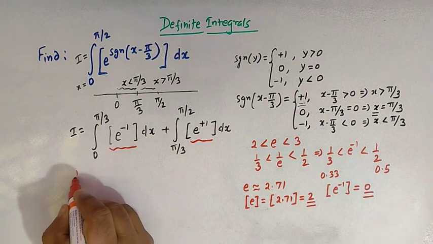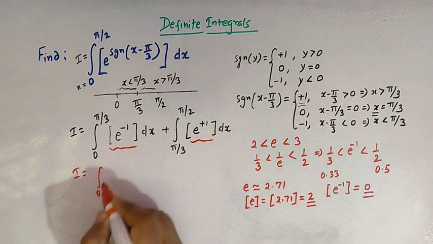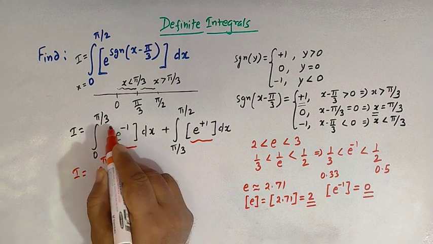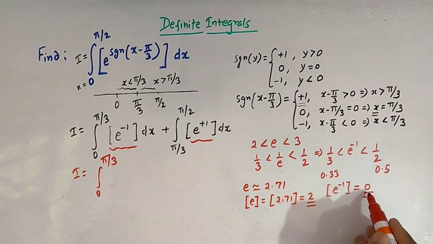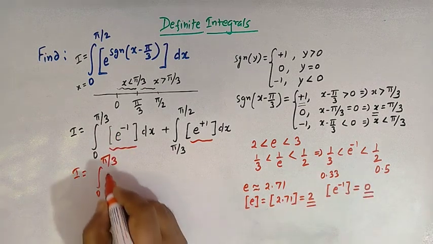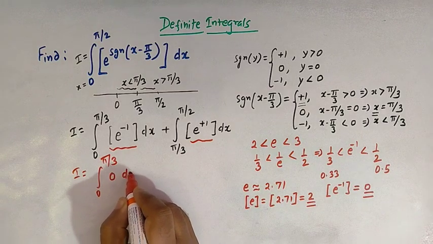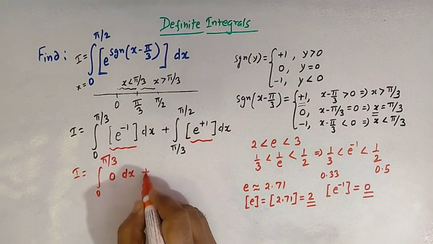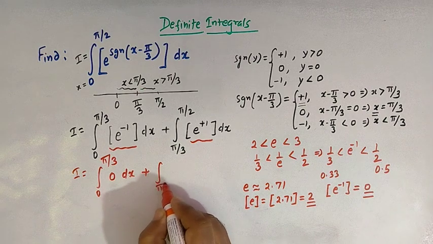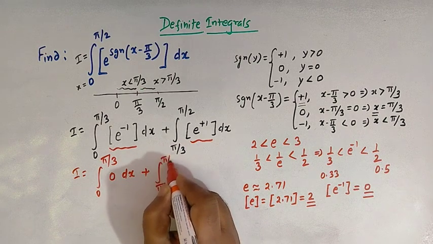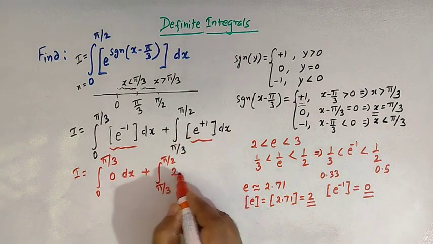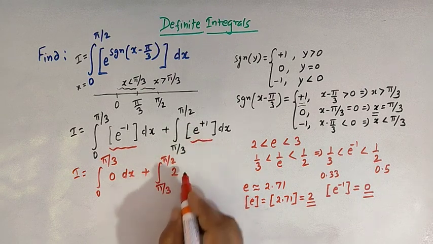So now I becomes the integral from 0 to pi by 3, where the greatest integer of e raised to minus 1 is 0, so this integral becomes 0, plus the integral from pi by 3 to pi by 2, where we have 2 for the greatest integer of e.